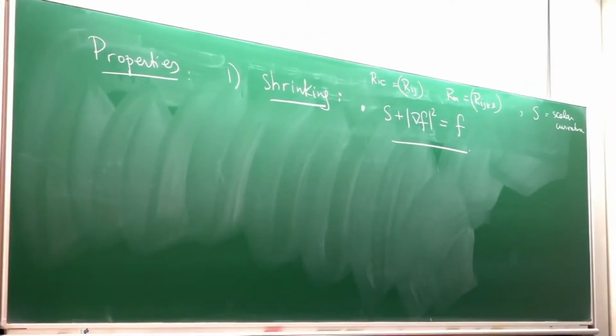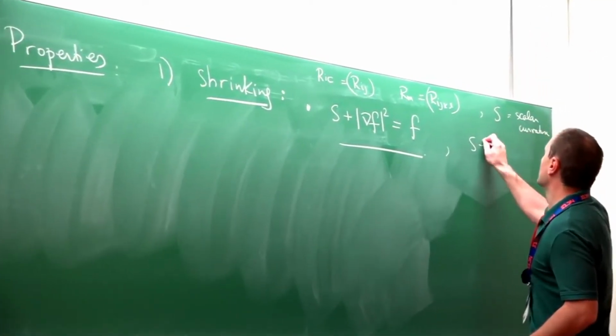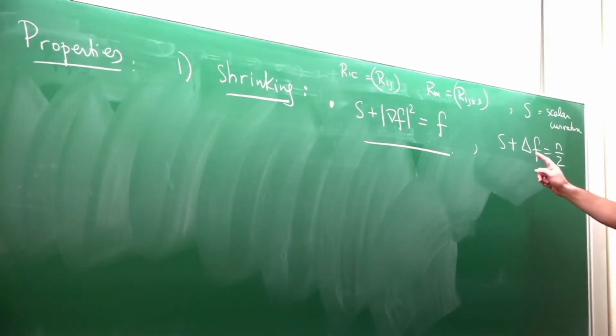There's some normalization that I'm implicitly doing there. So that's an important formula. It connects the potential function to the scalar curvature. Of course, to this I can add scalar plus Laplacian of f is dimension over 2, for the reason that I'm just tracing the Ricci soliton equation. So this was Ricci plus Hessian equals g over 2. Trace that, you get this one.